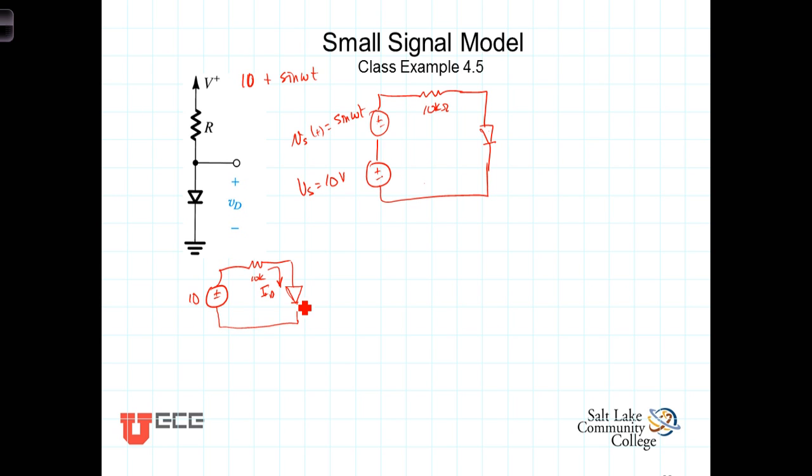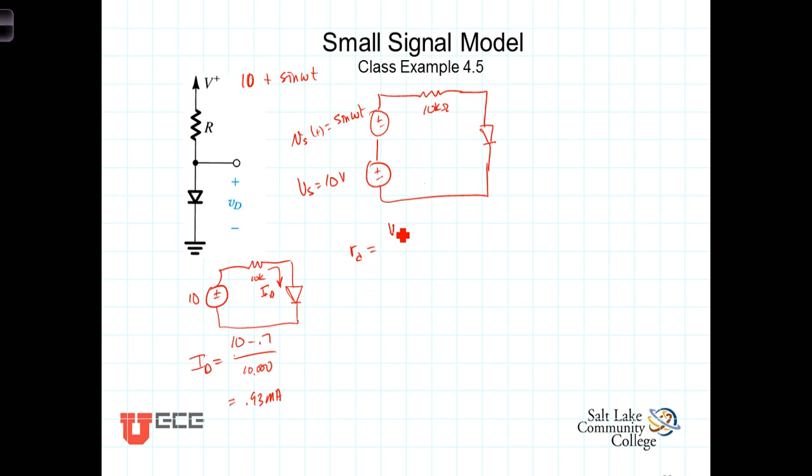So let's use the constant voltage drop of 0.7 of a volt across here. I sub D would then be the 10 volts minus the 0.7 volts divided by the 10,000 ohm resistor, which gives us an I sub D of 0.93 milliamps. With that, we can calculate the incremental resistance.